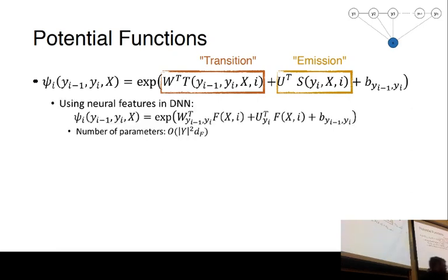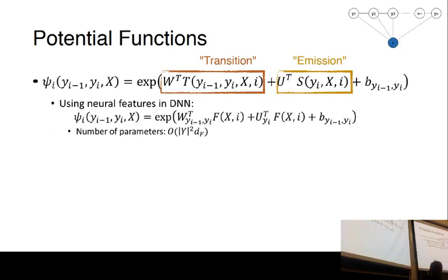If we wanted to model that with a neural net, basically we can substitute this transition and this emission functions T and S that depend on X, the input. We can just substitute it with F, which is whatever neural network you desire.